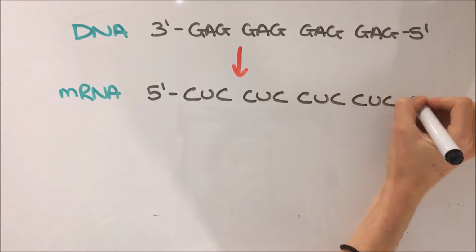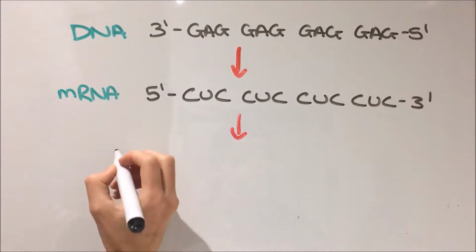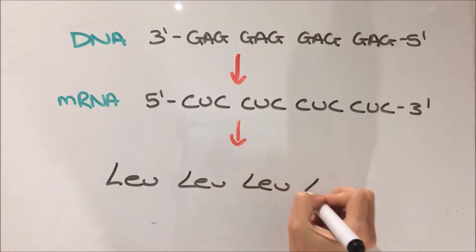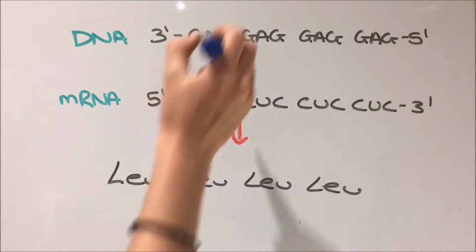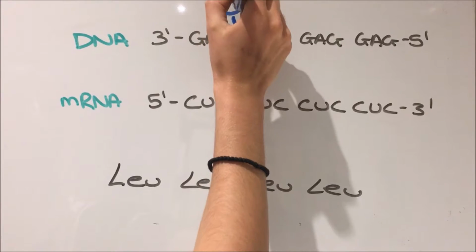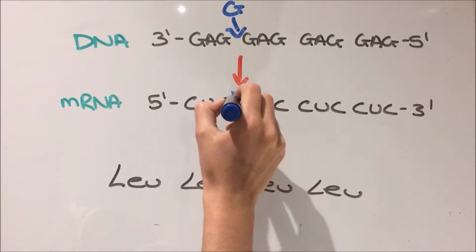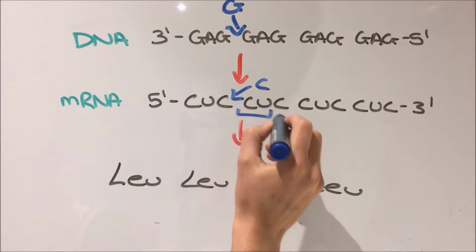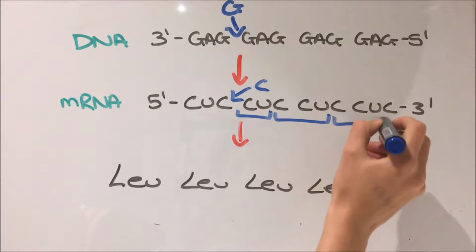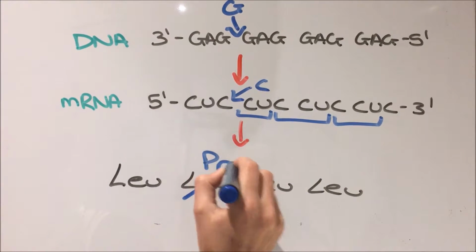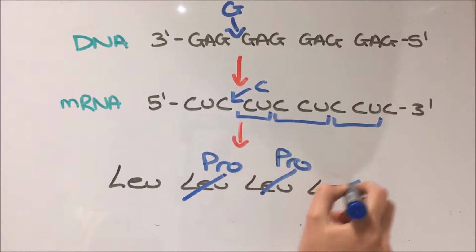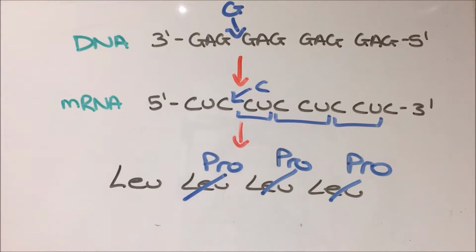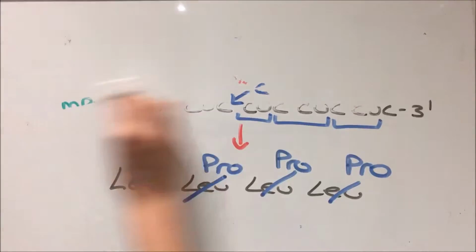Consider this example, where the mRNA sequence codes for a chain of 4 leucine amino acids. If one extra guanine base was inserted into the DNA sequence, it would lead to an added cytosine base in the messenger RNA. The single insertion will shift the reading frame of the RNA. This means that all the codons after the extra cytosine will not be read correctly, and in this case, cause the output of proline amino acids.